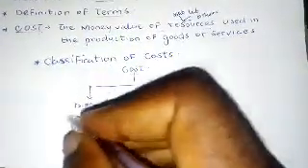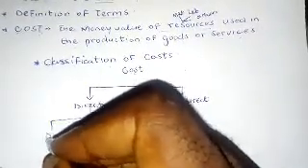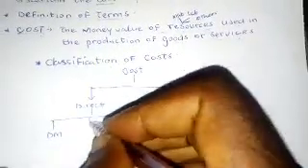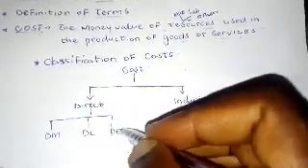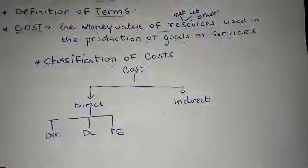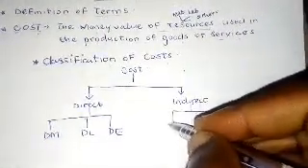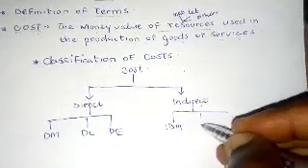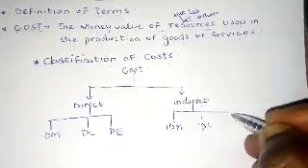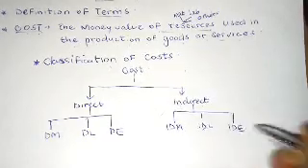The direct costs can further be classified into direct material, direct labor, and direct expenses. The indirect costs can also be classified as indirect material, indirect labor, and indirect expenses.